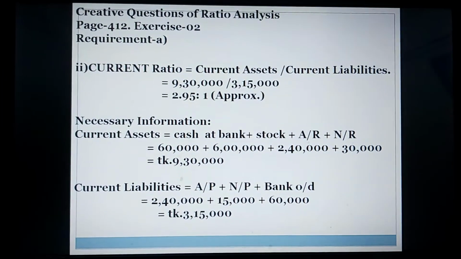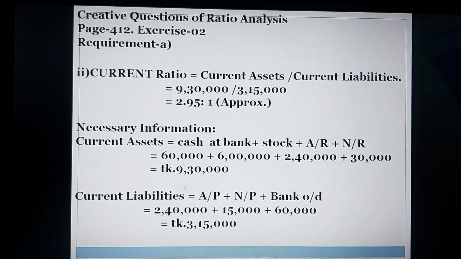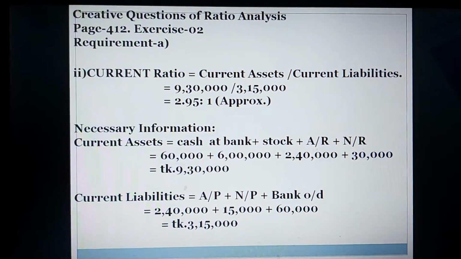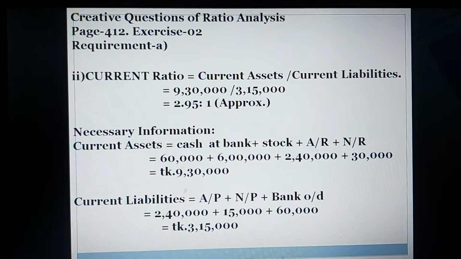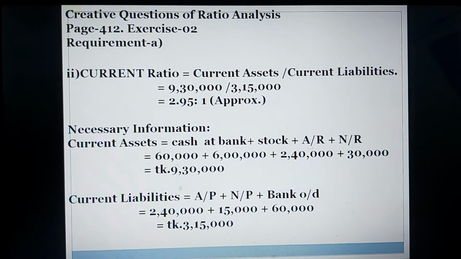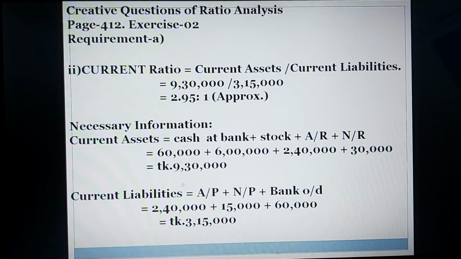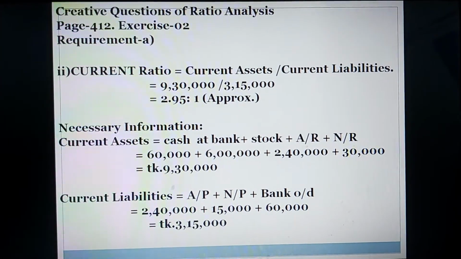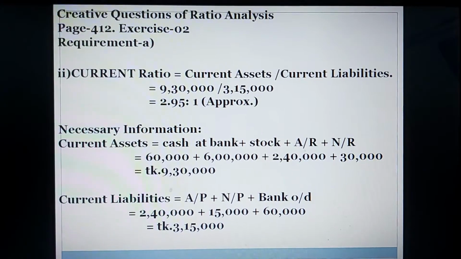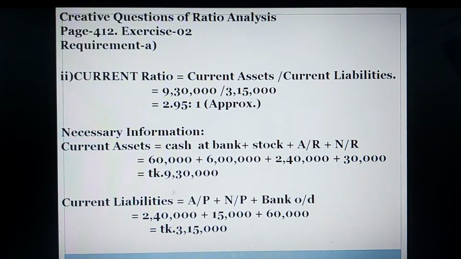Dear students, I repeat again, in this stem current liabilities are available in 3 amounts: 2,40,000 for accounts payable, 15,000 for notes payable, 60,000 for bank overdraft. Total current liabilities is taka 3,15,000.